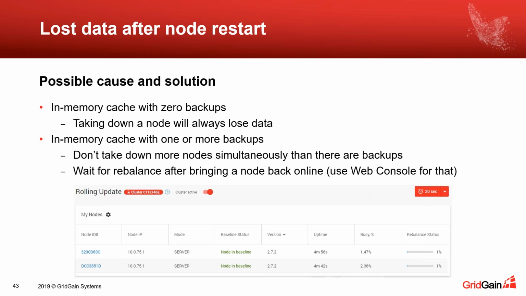So if you use the default setting for your cache with 0 backups, taking down or restarting a node will always lead to some data loss. You can only use 0 backup mode if you use persistence, or if you store data that is not critical or that can be restored from some other sources.